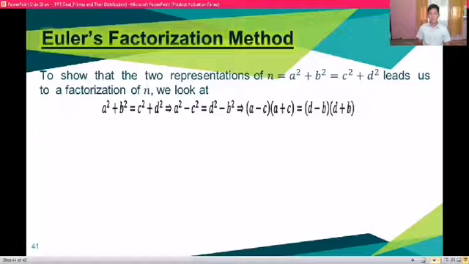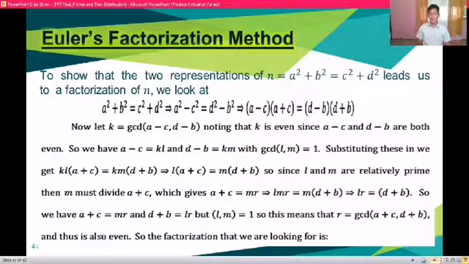Then we will substitute it to the formula of n. Okay? Para makuha yun nato ang factors. Duha ka factor. Okay, so now let k be equal to GCD of a minus c, comma, d minus b. So note that k is even since a minus c and d minus b are both even.